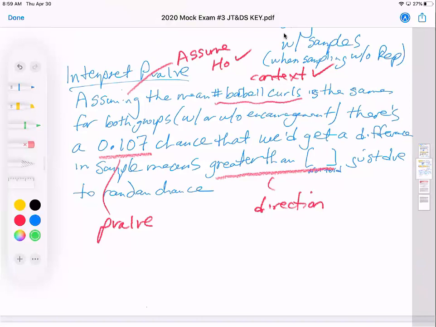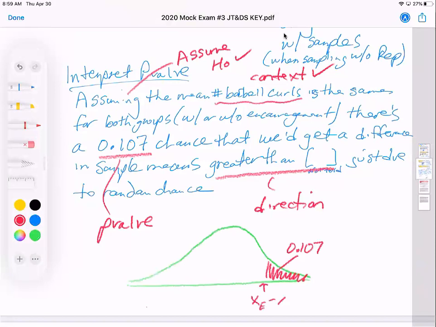Let me just compare it again to graphically. Whenever we calculate a p-value, the p-value we had was like 10%. This value here is the difference in sample means that we weren't told.